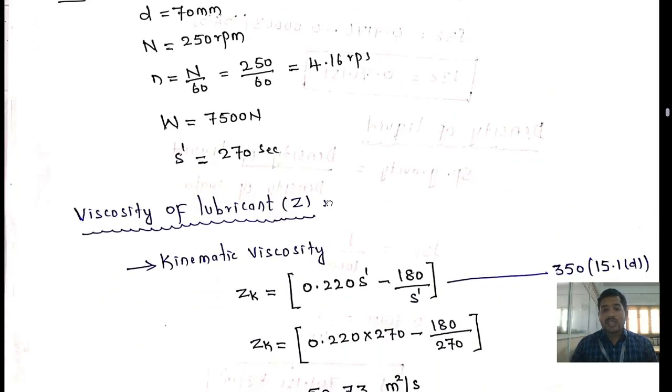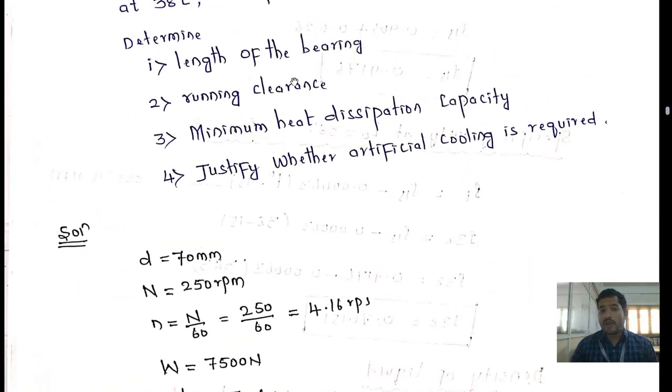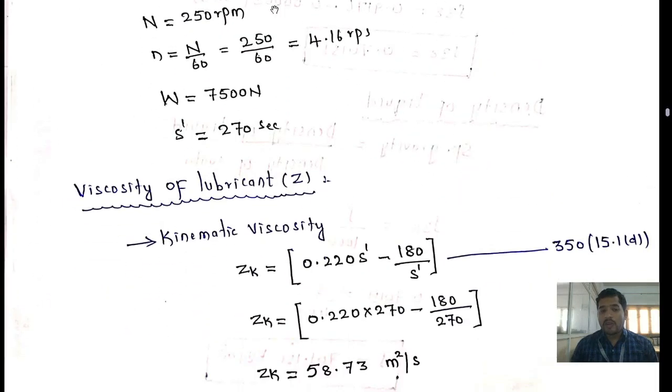Clear? So in this case, the first thing we need to find out is the length of the bearing. First of all, we need to find out the viscosity of the lubricant, or the kinematic viscosity. For that we use the formula Zk = (0.220 S dash minus 180 by S dash) in centistokes. Refer to page number 350, equation 15.1d, from the design handbook by Mahadevan.